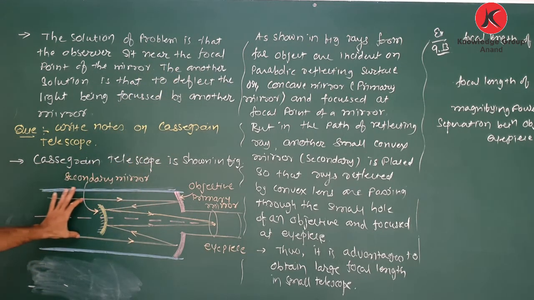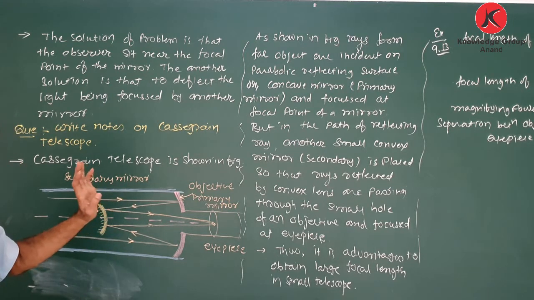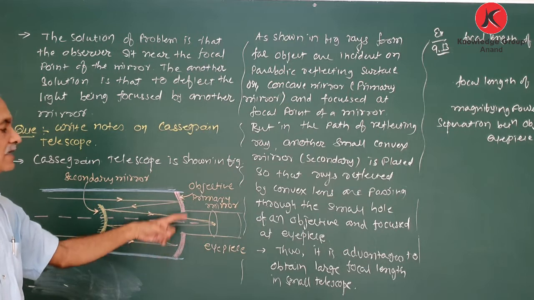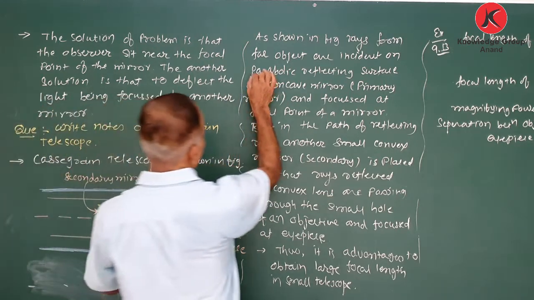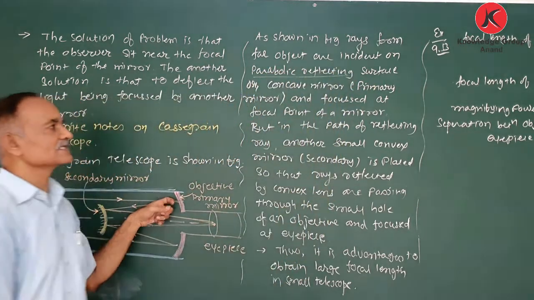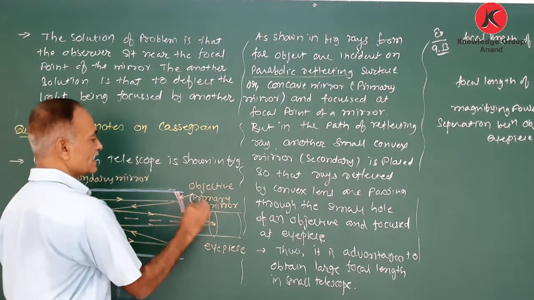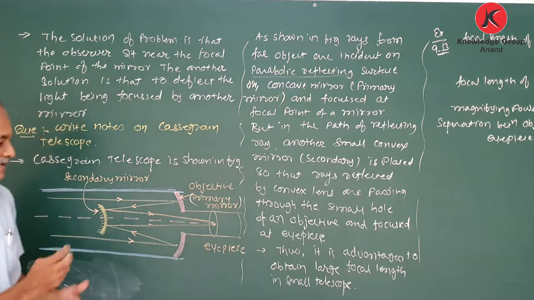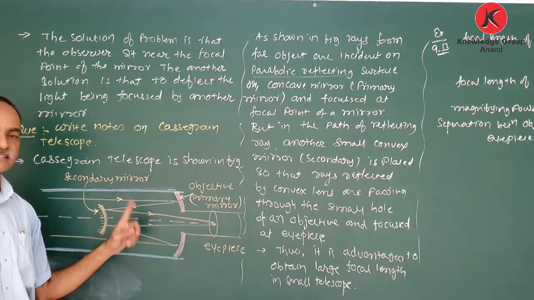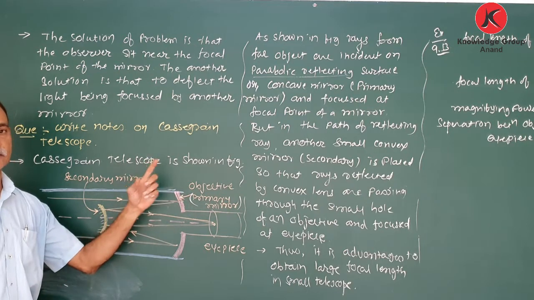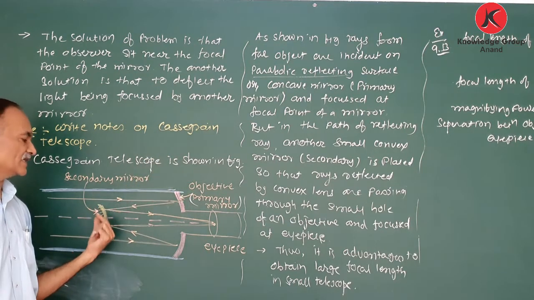The rays coming from the far object are parallel and incident on the concave mirror or the parabolic reflecting surface. Here the concave mirror acts as a primary mirror. Sometimes an objective question is asked on the Cassegrain telescope: the primary mirror is which and the secondary mirror is which?